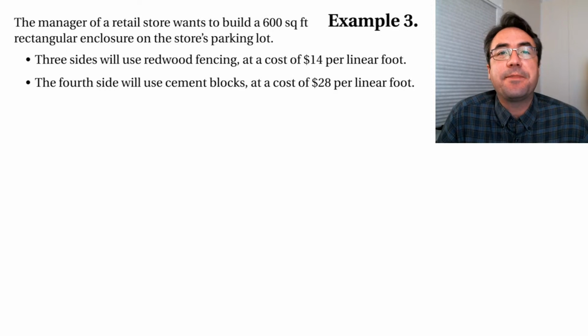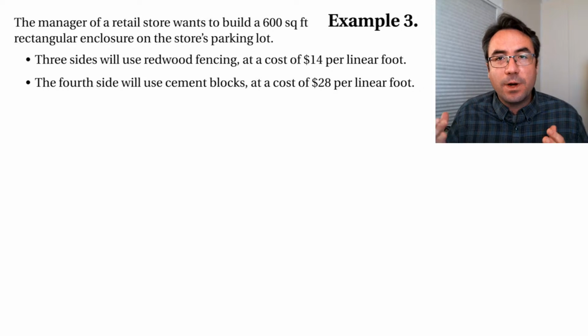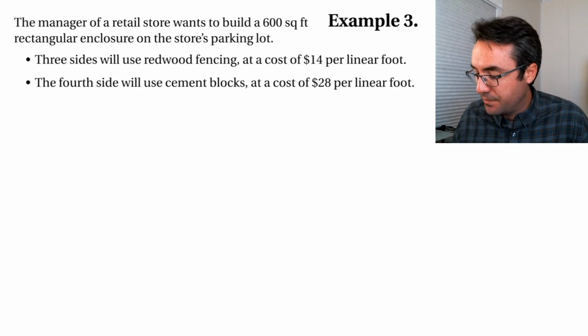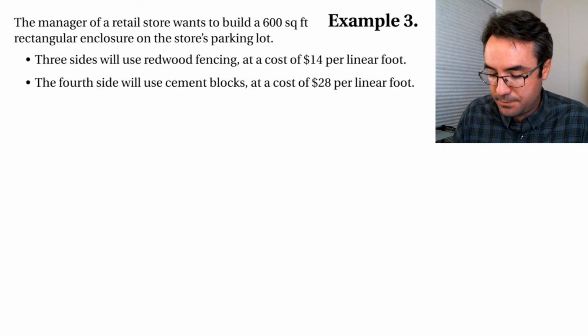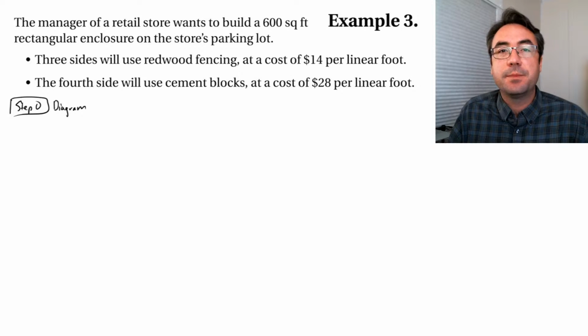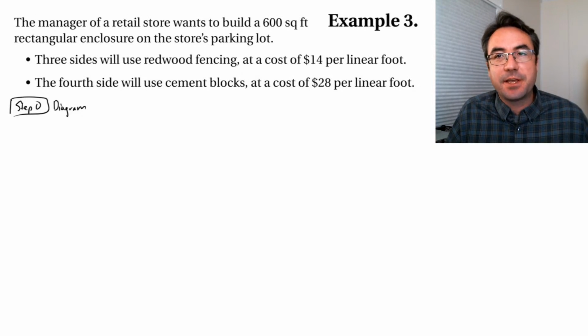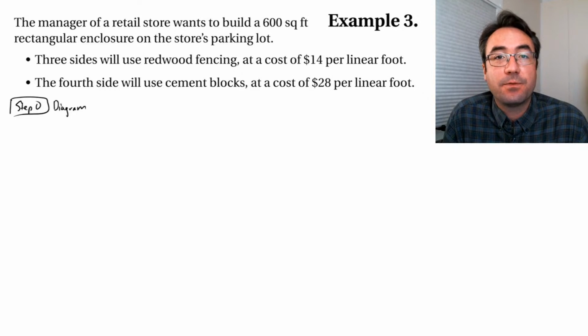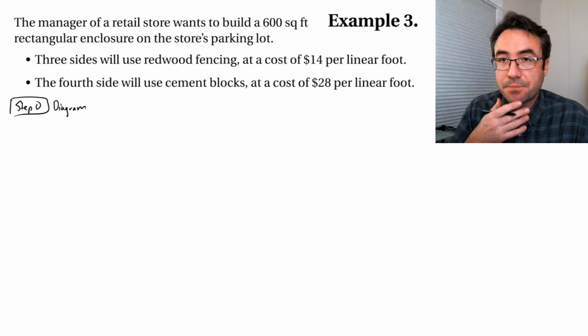But before we even get there, we want to figure out what's going on with this scenario. And that's our step 0. Before we even really get going, we're going to do our diagram. We're going to introduce our variables, and we're going to think about what are some possible equations that we might want to consider for the setup.